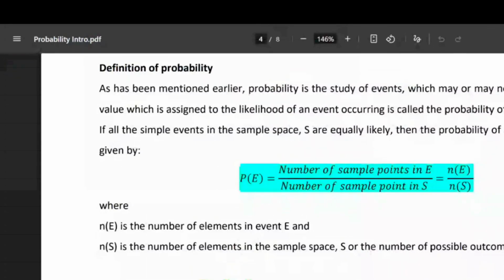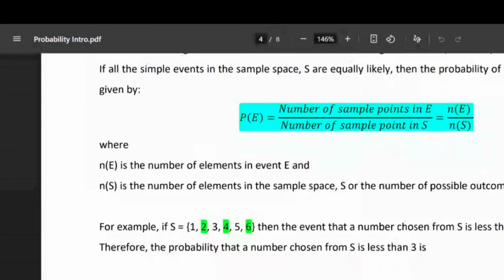So when you have an event, let's say the event of selecting an even number, the question is, how many even numbers are there? That is the E, E is the even number. That will be the numerator. How many numbers are there in all? That's the denominator. And you are good to go.